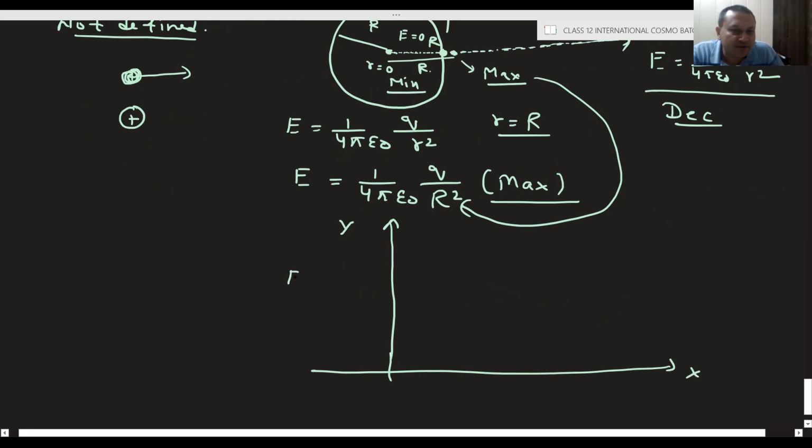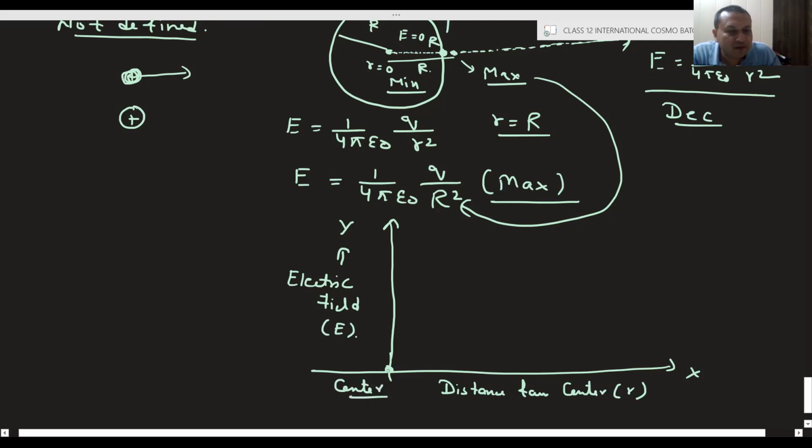This is electric field E, and this is distance from the center, r. Here is the center, and at the center electric field is 0.